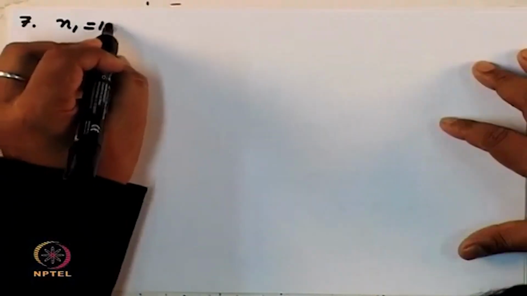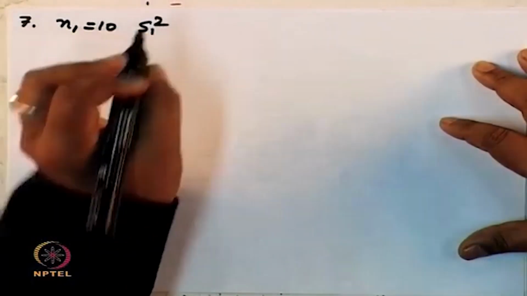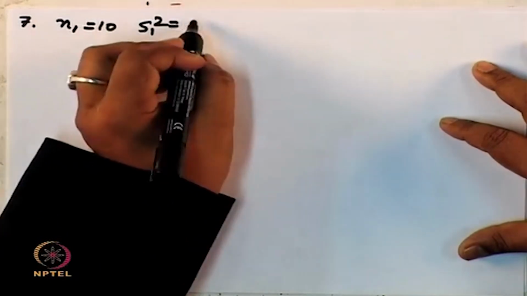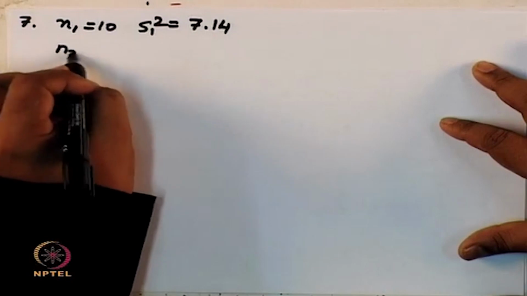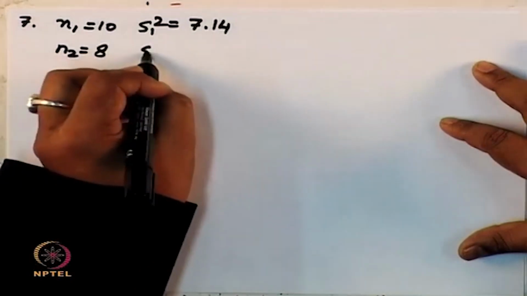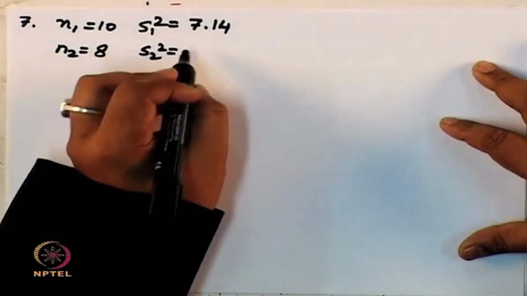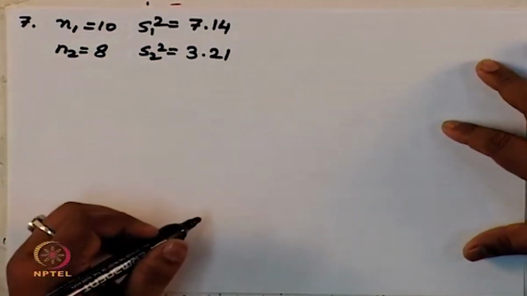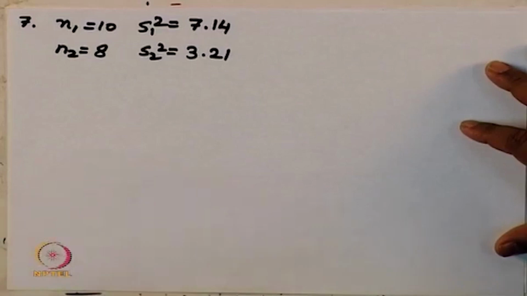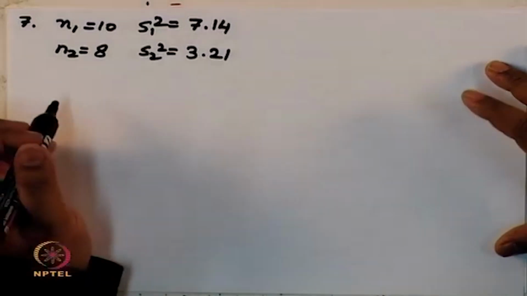Okay. So, let us take a sample example. Imagine I have n1 equal to 10, s1 square equal to 7.14, n2 equal to 8 and s2 square equal to 3.21. So, what is the value of f, and whether I want to calculate whether f is significant or not.